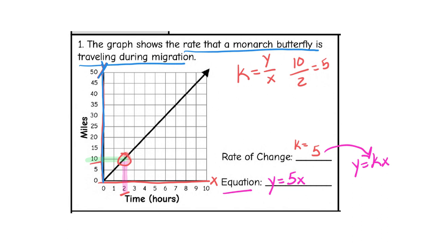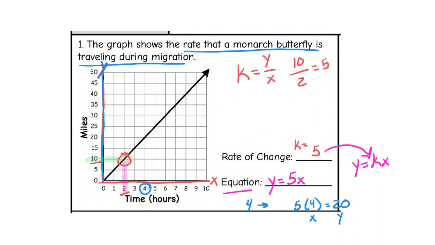Let's take something like 4 as an x value. If I put 4 in for x, I have 5 times 4, and 5 times 4 equals 20. So my y value would be 20 if my x value is 4.